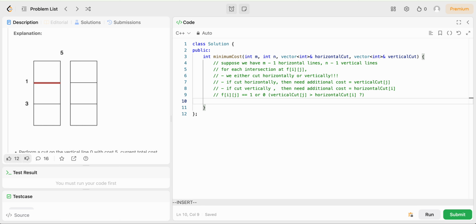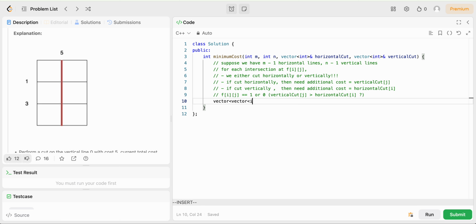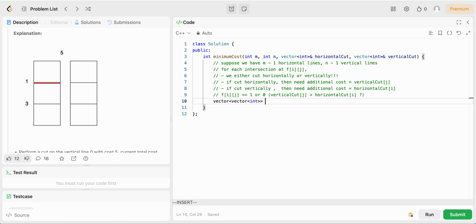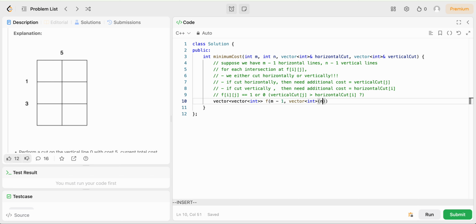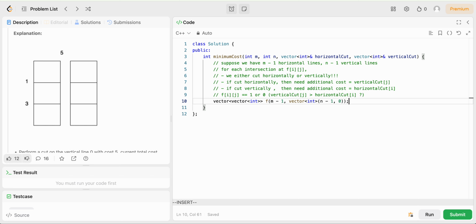Let's see how we write the code. For example, we use a 2D vector of int to record f, with m minus 1 vertical lines and n minus 1 horizontal lines. Then we just loop over all the lines.